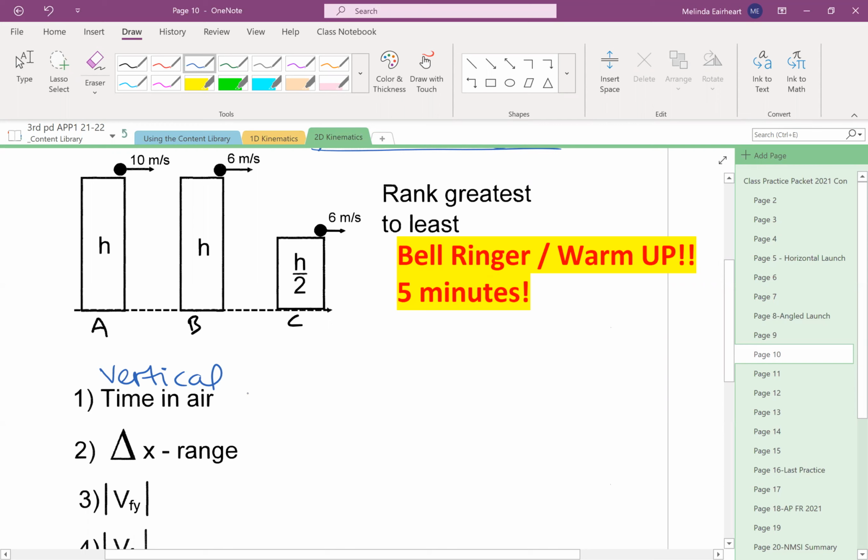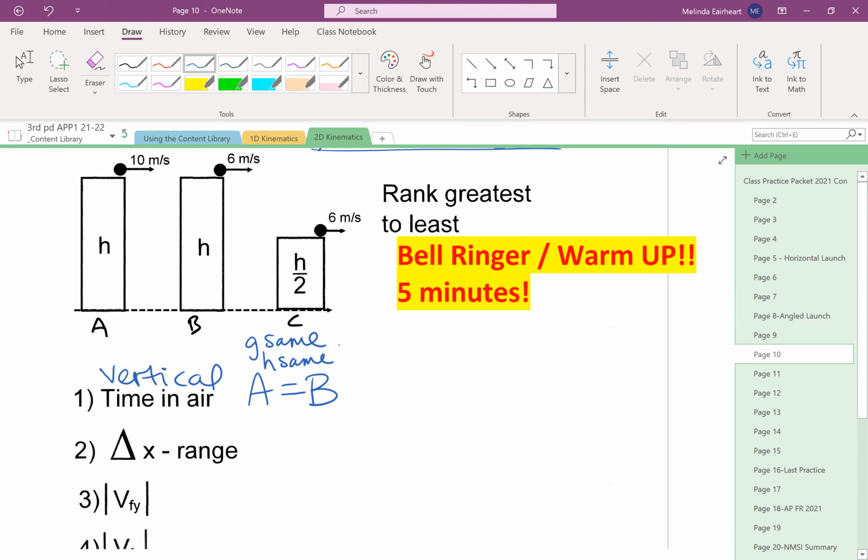A and B, which one's greater? They're equal. Why? Okay, so G is the same. What else? Height is the same. And then there's one more thing that's in every single equation. Well, other than time.